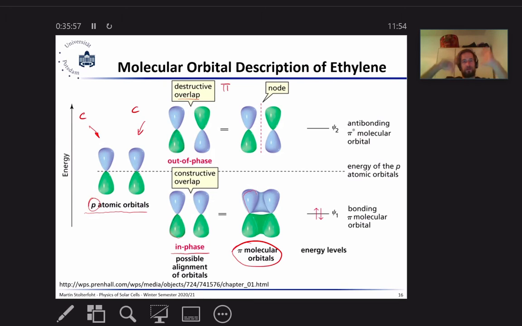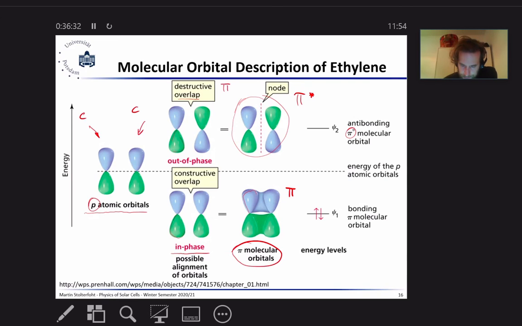So they are kind of asymmetric. And this is then the antibonding pi star orbital. So the molecular antibonding pi orbital would be a destructive overlap, and it would be asymmetric, as shown here. This is the pi star. This is the pi. Okay.